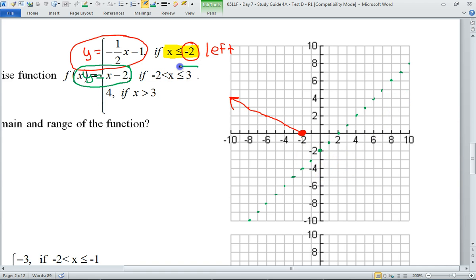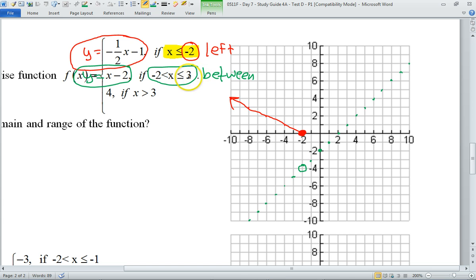Now I have to decide which part to draw. This has a beginning and an end, and I'm going to graph the part that's between. Starting at negative 2, open circle at negative 2. So I go to an x value of negative 2, and I'm going to need an open circle there. The dot that had an x value of negative 2, I put an open circle there.